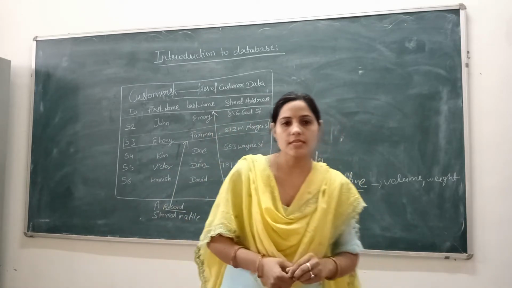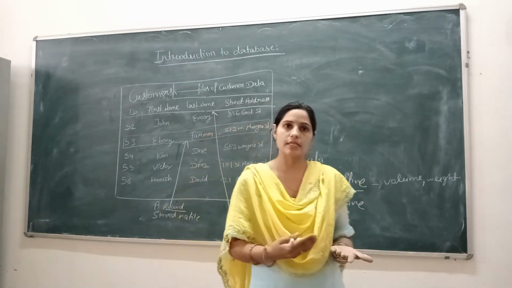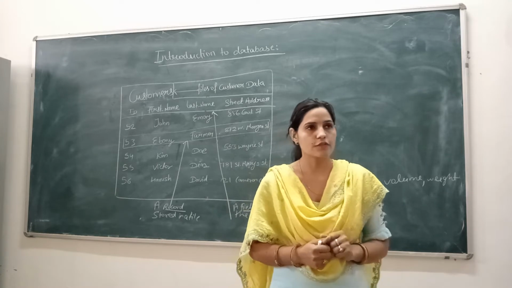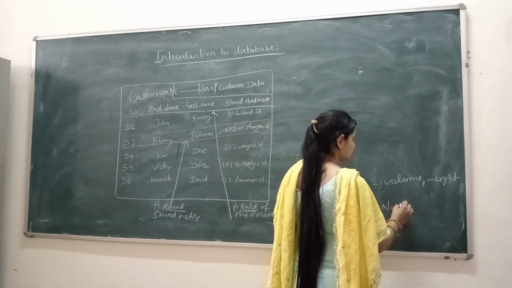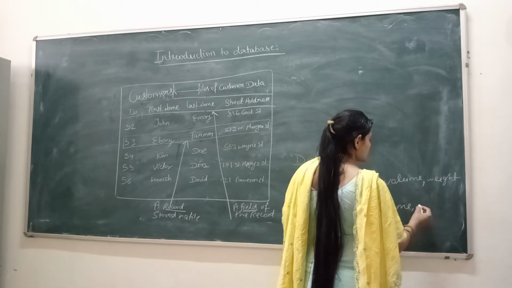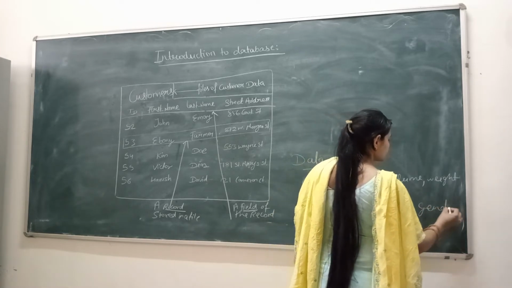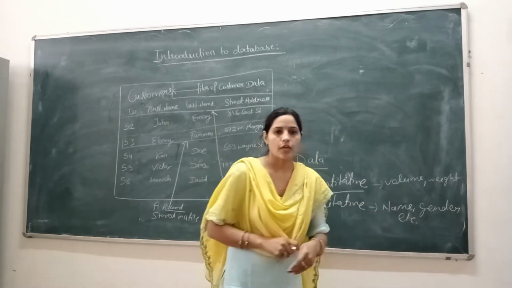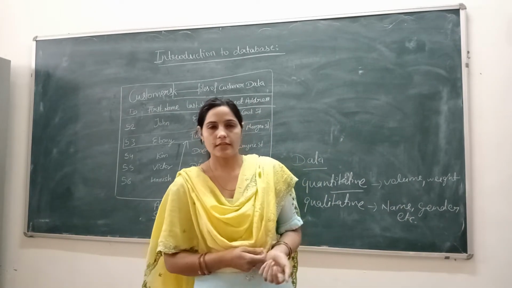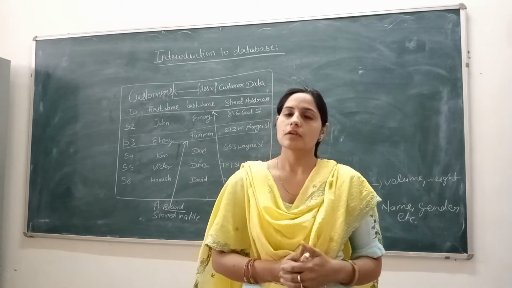The second one is qualitative. Qualitative is descriptive but not numerical form. We can take an example: the name, gender, etc.